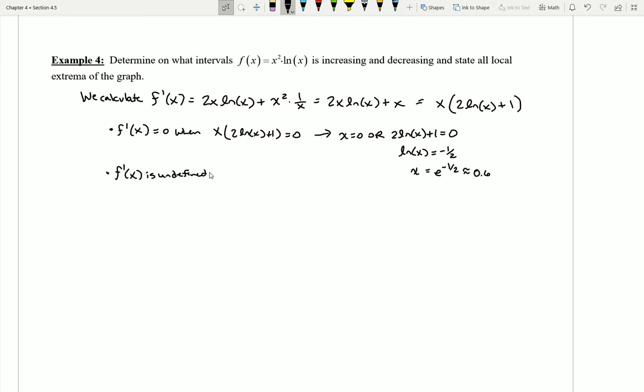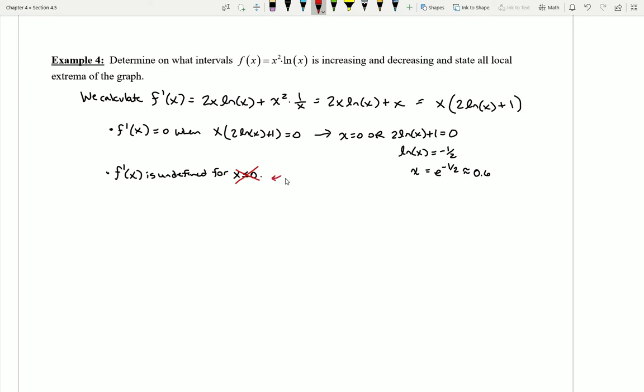So I can say that my derivative is undefined for x values that are less than or equal to 0. So at first glance, it looks like I have a lot of critical points, but I should note that actually all of these values are not critical points because they're not even in the domain of the original function. I couldn't even have plugged these numbers into the original function.